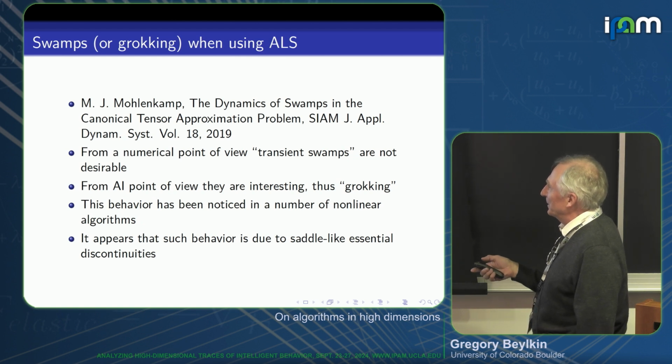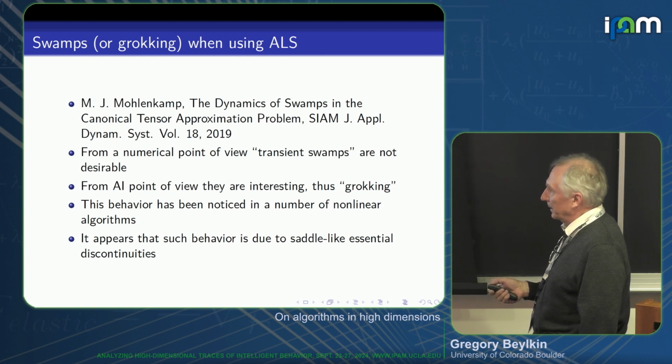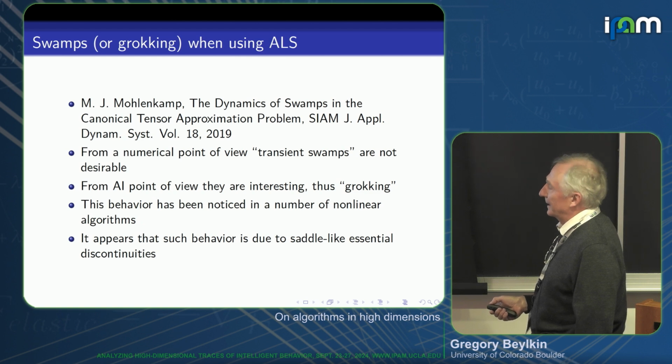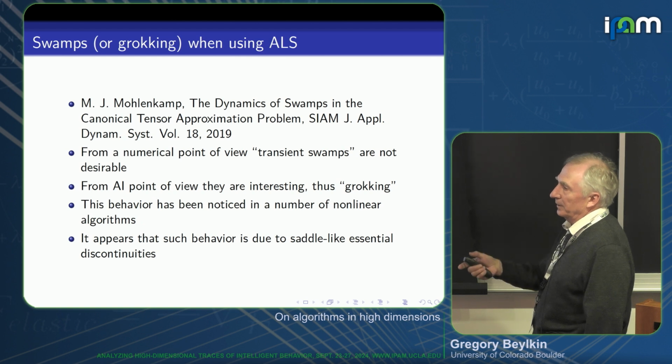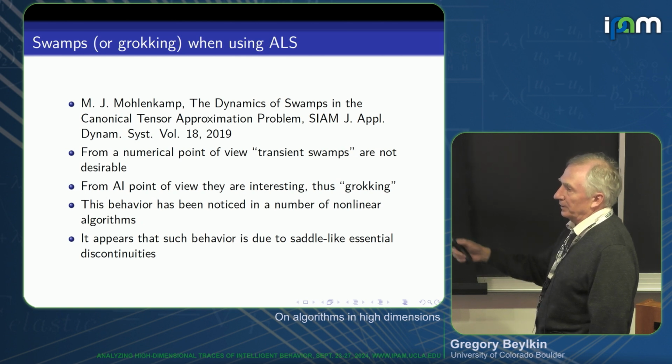Now, this behavior was noticed in a number of nonlinear algorithms, not only these ones. And Martin was investigating this issue. He wrote a paper not so long ago where he looked at a very simple case, and his conclusion is that it is due to a saddle type situation where the Hessian is ill-conditioned.